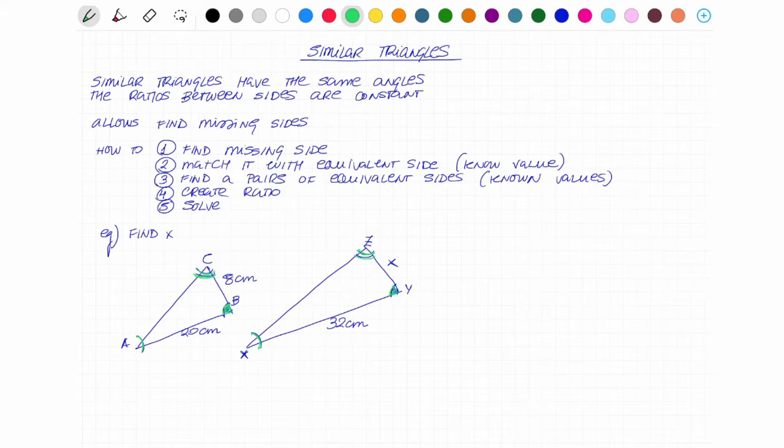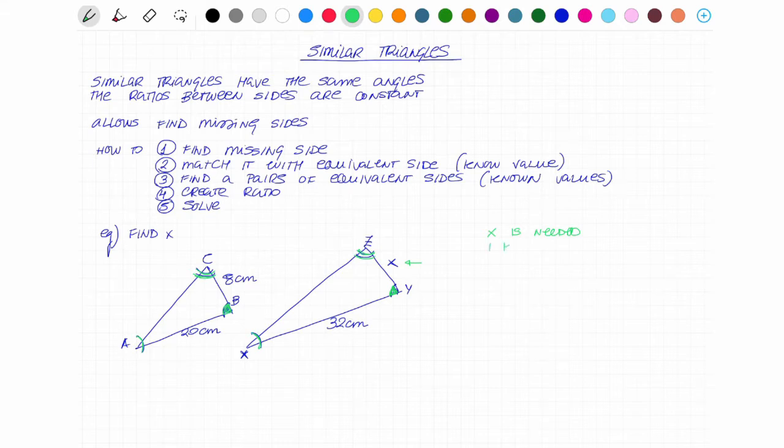So I know that the angles are all equivalent in both triangles. Then I need to find the x. I need to identify what I want. So I think about that, and I've got it there, which is a good thing.